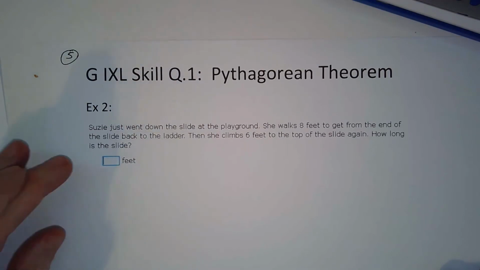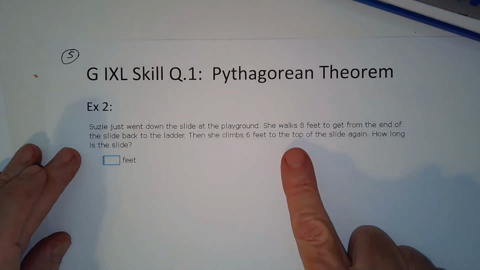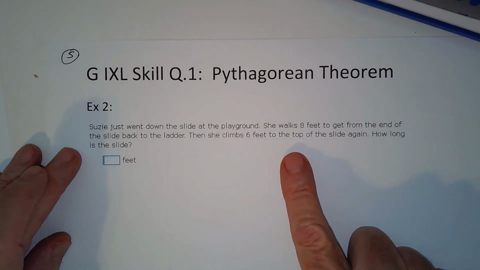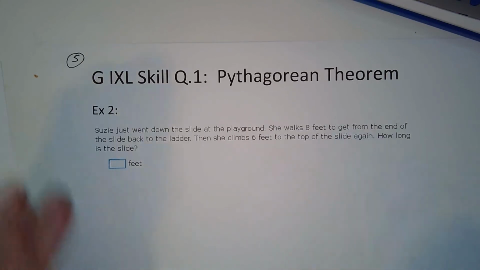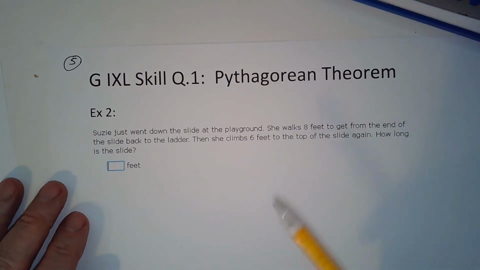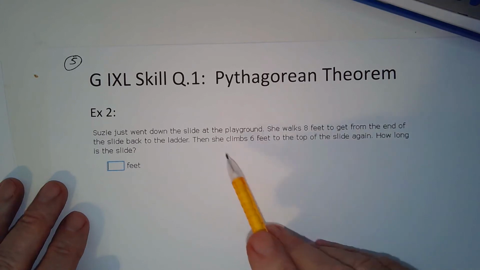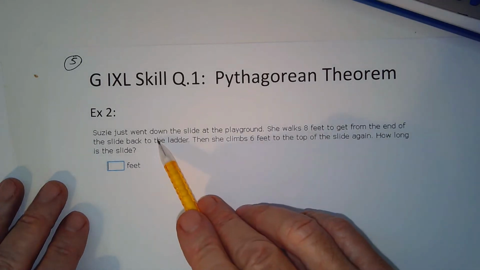Well, whenever you see word problems and they deal with directions, and they tell you to go north or south or east or west or left or right or up or down, they're giving you distances that are vertical and horizontal, and then the third distance is always going to be a hypotenuse, because a vertical and horizontal distance is a right angle. It's perpendicular. So let's look at this.